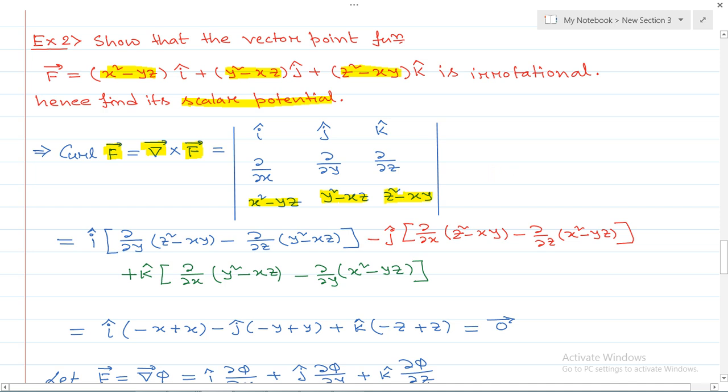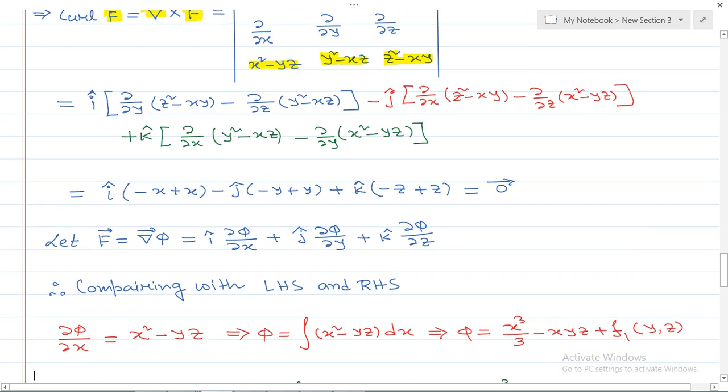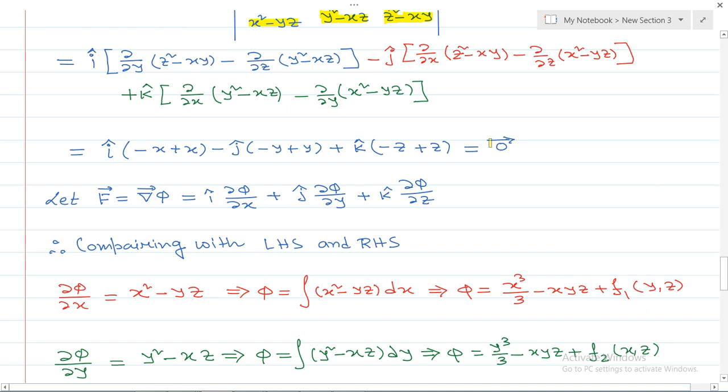After calculating this determinant, the result is coming as 0. Always remember, whenever the force field is irrotational, only then will we be able to find its scalar potential, otherwise not. So now we consider that there exists a scalar point function phi such that F can be written as grad phi.